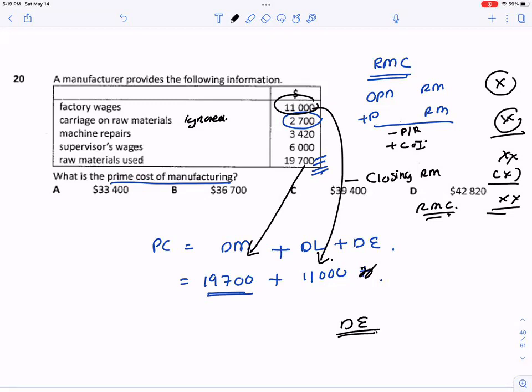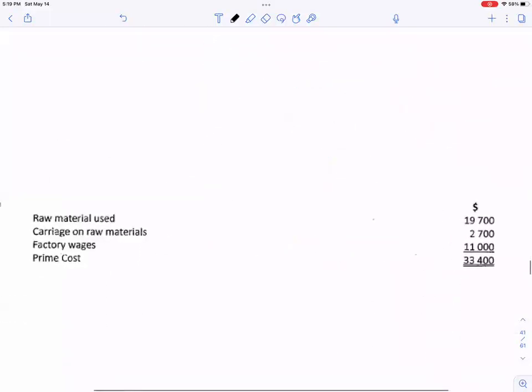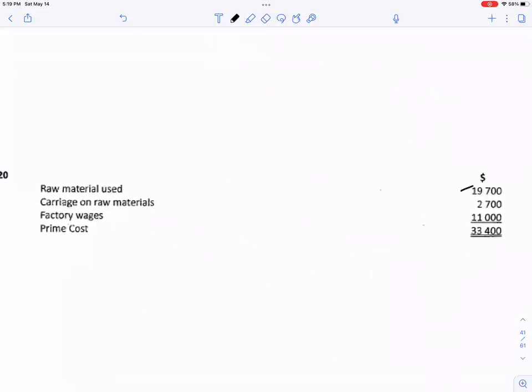Royalties and hire of special plant. Add these two. They have also taken carriage on raw material. This is wrong. You don't have to take carriage on raw material. So raw material used plus factory wages will give you prime cost.